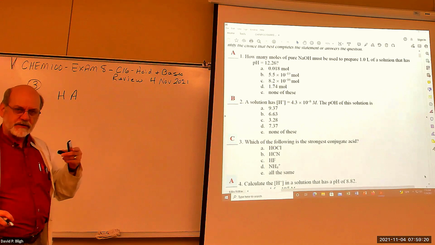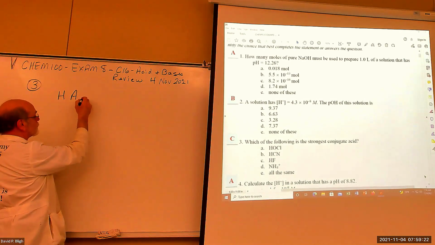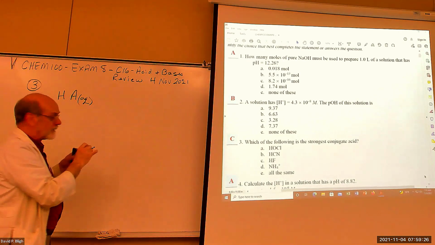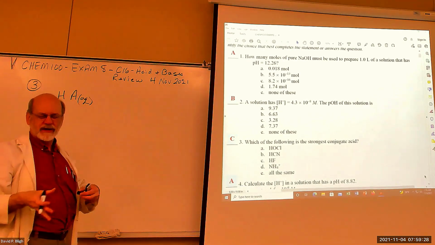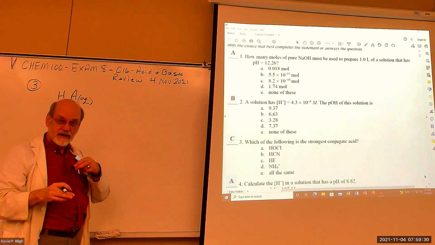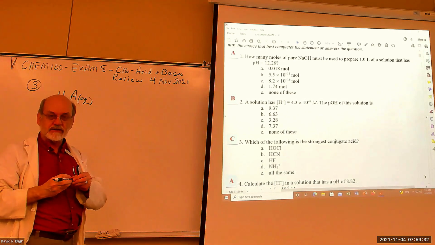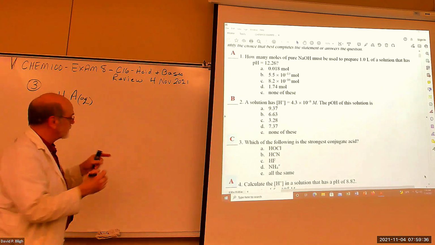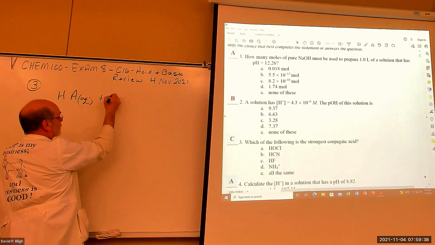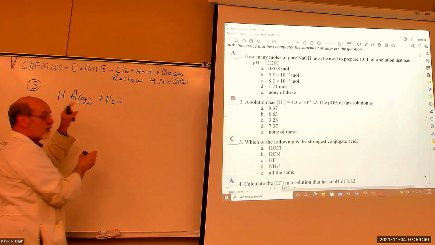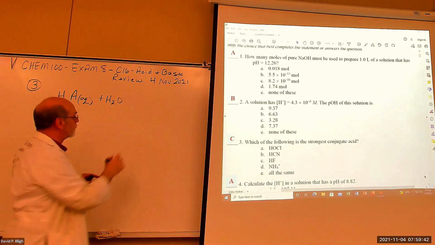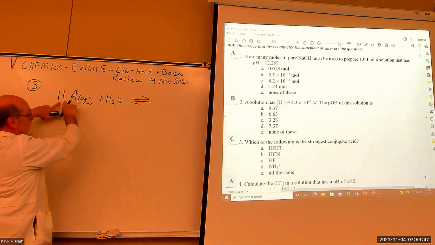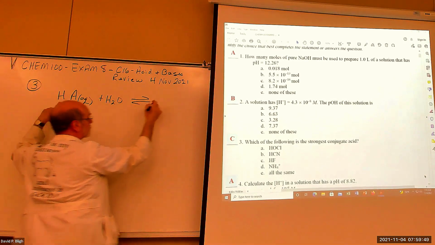So when you put this molecule in aqueous solution, we can write it 2 ways. We can write it as the accurate representation of what reaction occurs. We'll do that one first. When we put it in water, that acid reacts with water, and the proton is transferred to the water molecule.